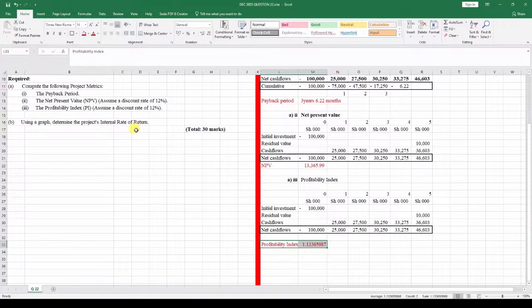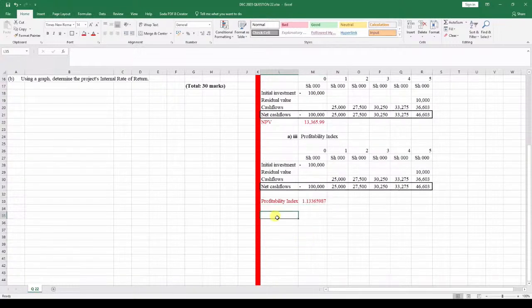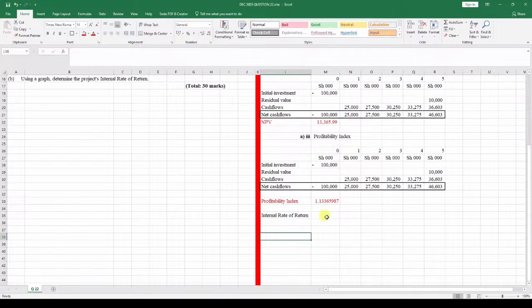We're going to use a graph, but first you test it using the IRR formula, the internal rate of return.